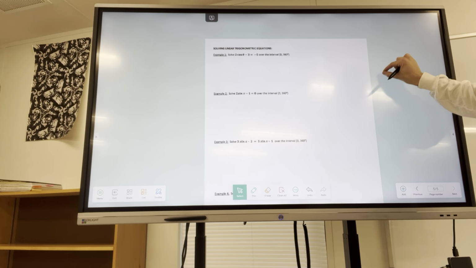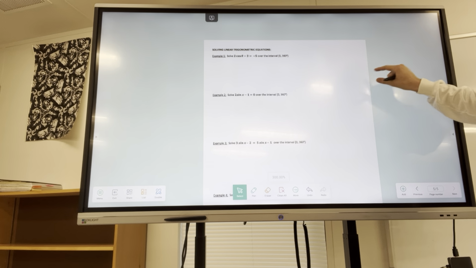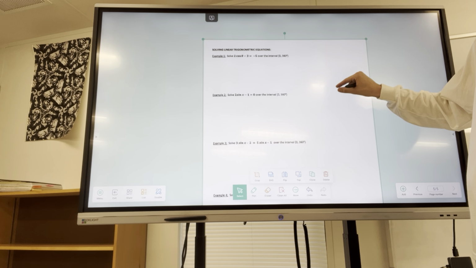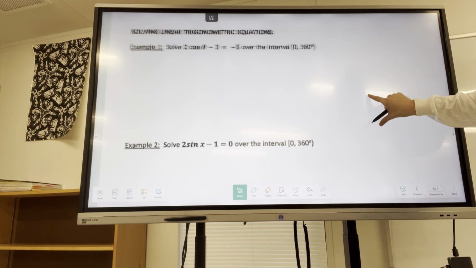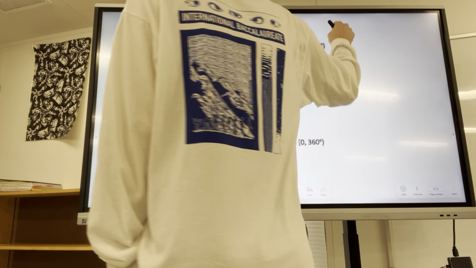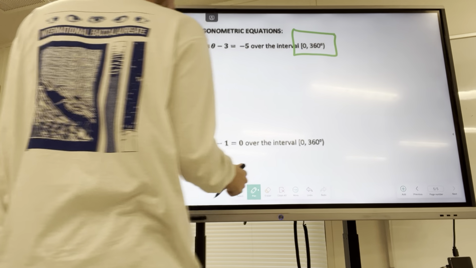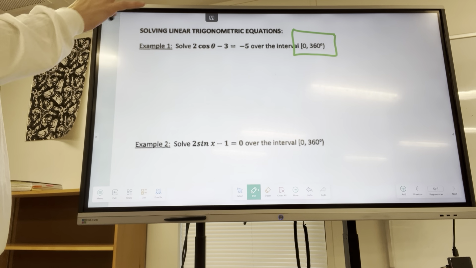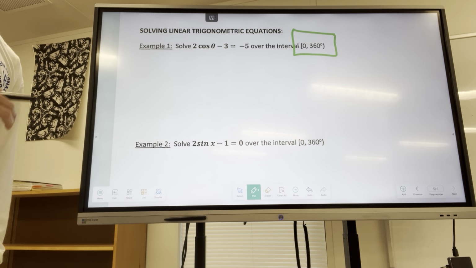And so when we get questions, like on the back, you'll notice that there is a little ending piece here that says 0, 360. What that means is we're going to look for only the solutions between 0 and 360, which is degrees.